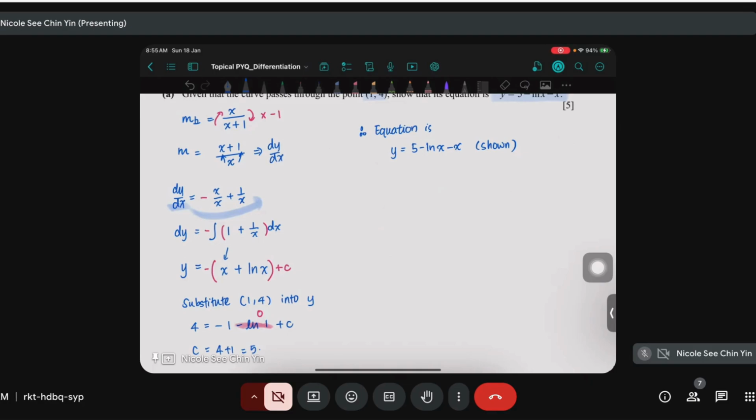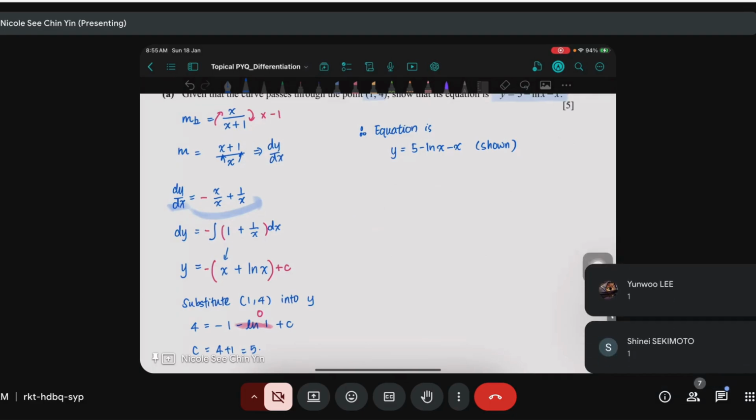Done, then press 1. Because for this question I go very, very slow. I know some of the classes have not yet covered integration.